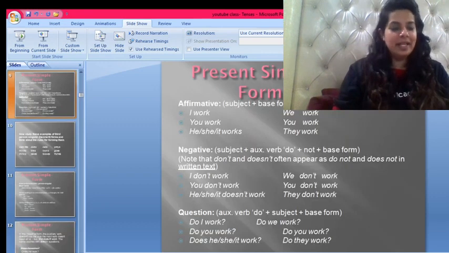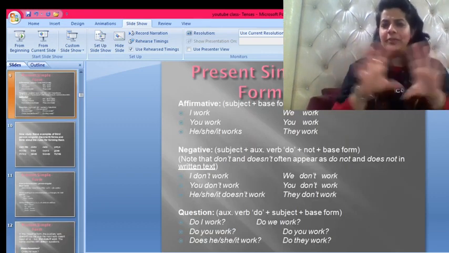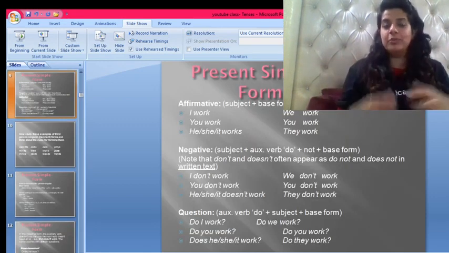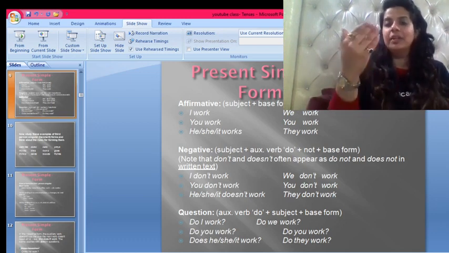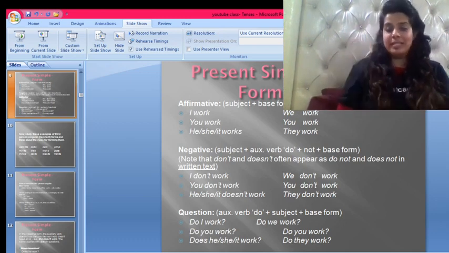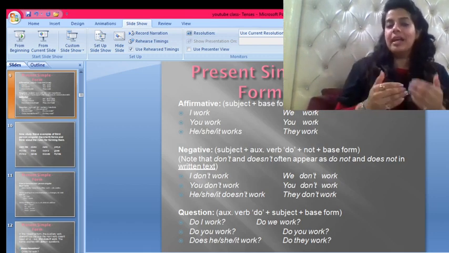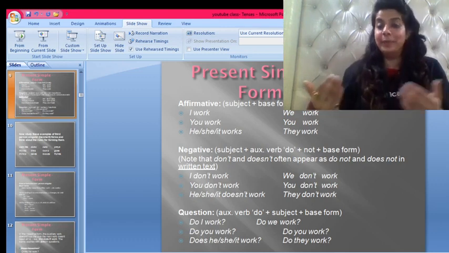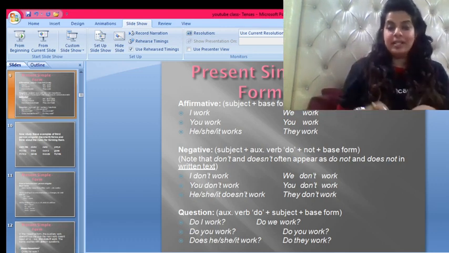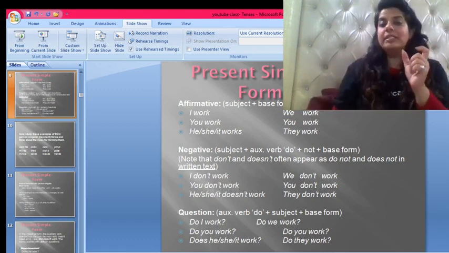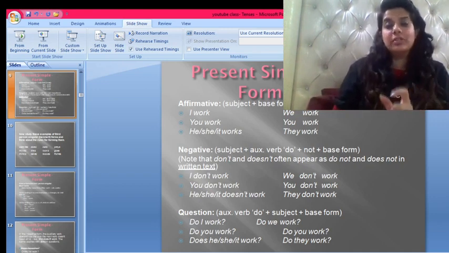Now, let's understand this. Whatever I have told, this is one table to represent what I said. The affirmative or positive sentences we write as I, you, we work, and then we add s with he, she, it. Okay. When we write negative sentences, we insert don't or does not.